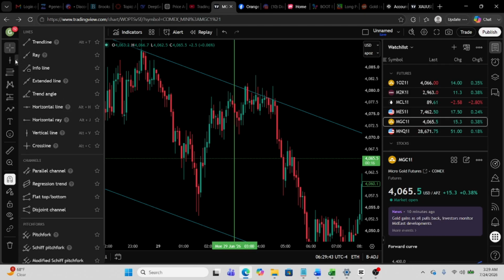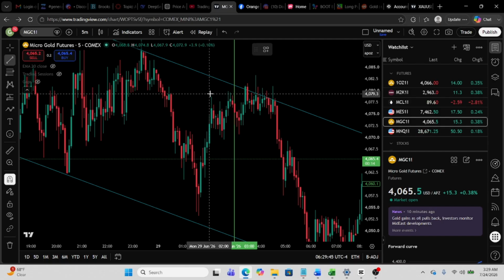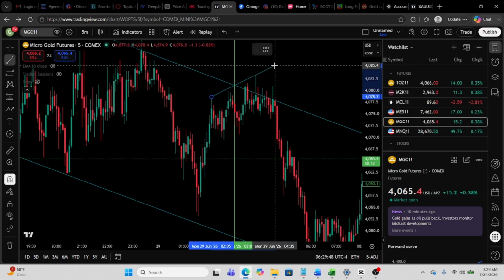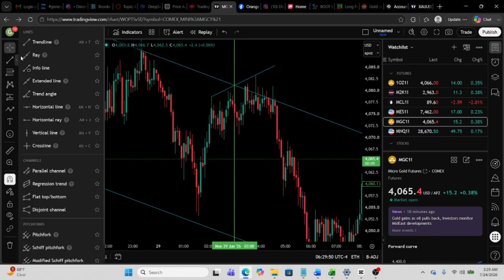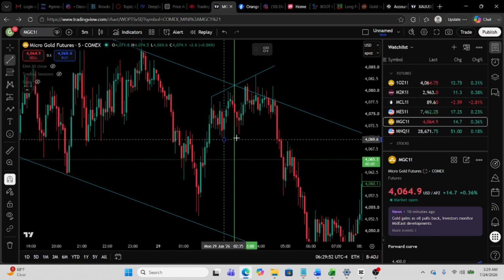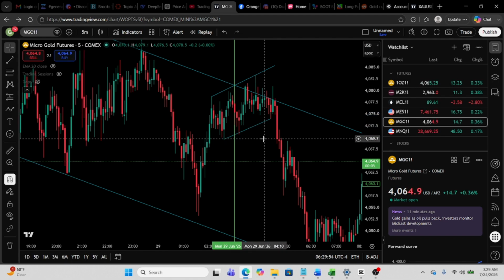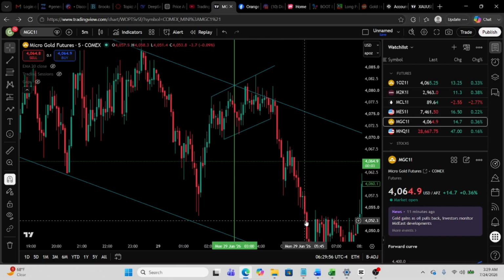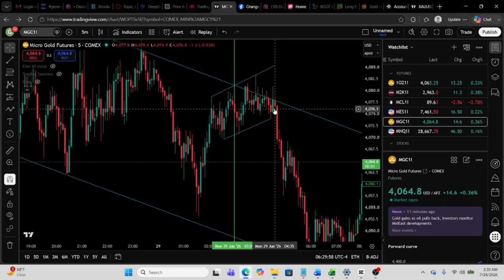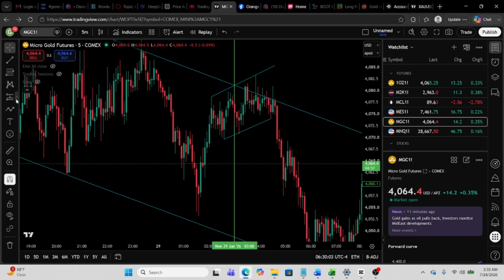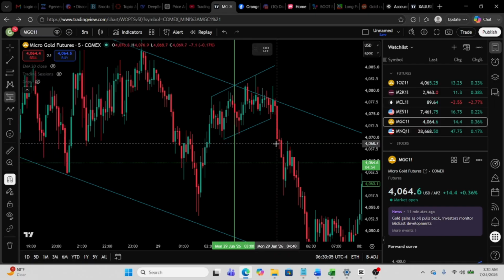Where are my trend lines? Then we have a channel forming. So we have breakout, channel. Then we have breakout again. Now this is a very strong breakout, right?